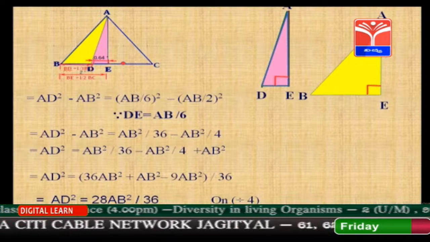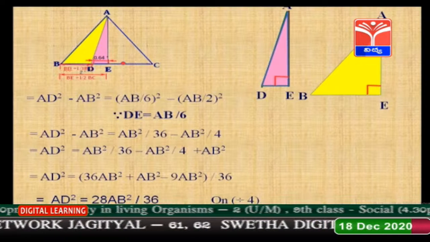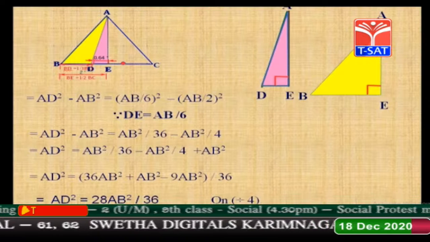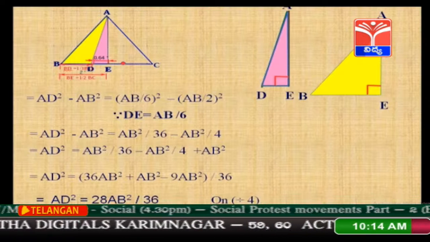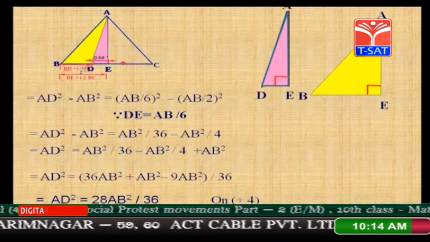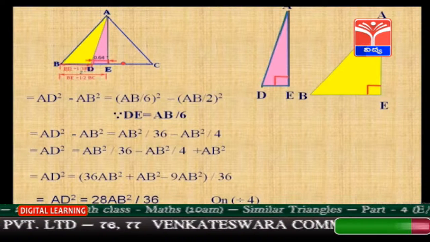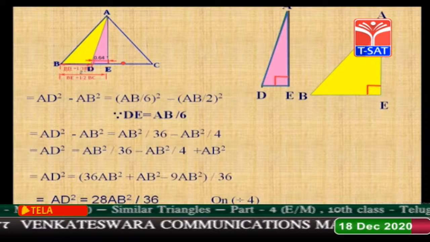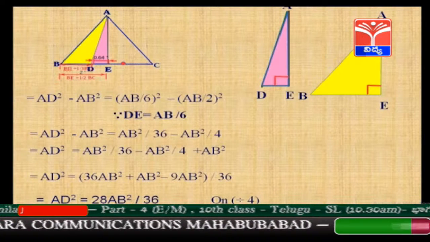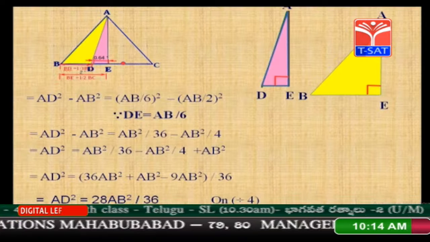Again, I am converting this BC as AB, since this is an equilateral triangle and BC is equal to AB is equal to AC. That is the reason I wrote BC as AB, and this AB keeping as it is.